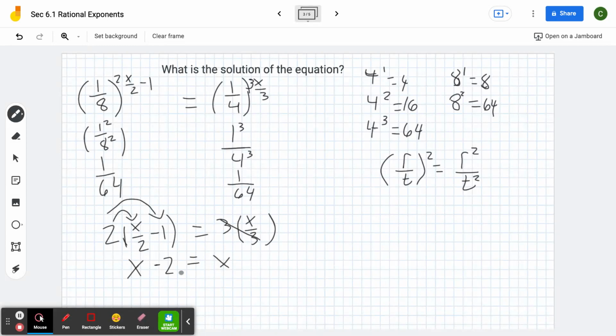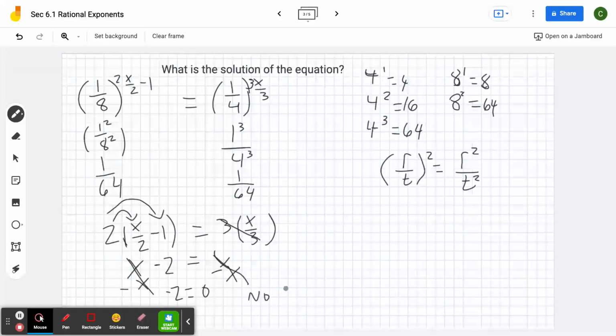And so since we have x minus 2 equals x, I will go ahead and subtract this x on both sides. These cancel out. All my x's here cancel out. I have -2 equals 0. So this is actually no solution.